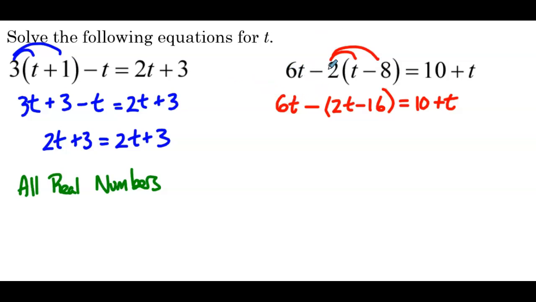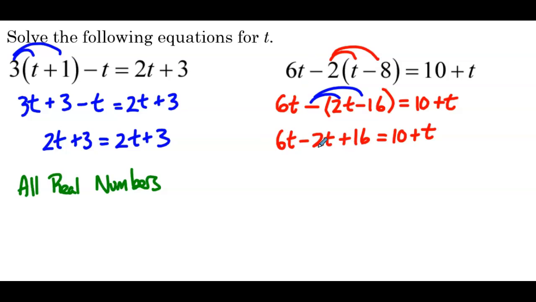Now I'm going to distribute the minus sign so that we can drop the parentheses. So 6t minus 2t plus 16 equals 10 plus t. Now I could have just distributed the negative 2 to start, but I didn't see the negative right away. Distribute the 2, that's fine. I just had to do an extra step.